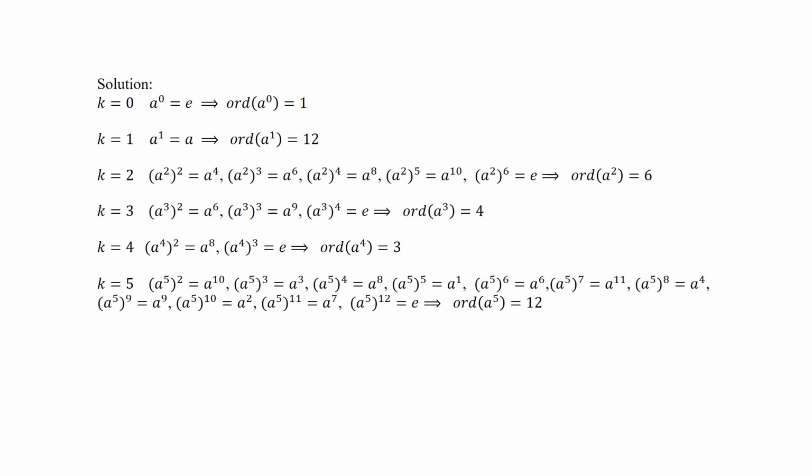I have to take 12 powers before I get back to the identity. Notice that tells me A to the 5th is a generator of my group. A to the 6th squared is the identity. That says the order of A to the 6th is 2. Now, I don't have to compute A to the 7th because I know that A to the 7th times A to the 5th, which is A to the 12th, is the identity. So I know A to the 7th has order 2. I know A to the 8th is going to have order 3, and so forth.